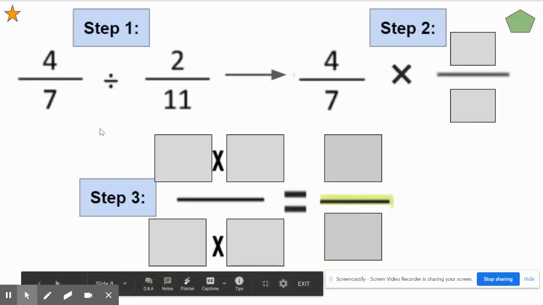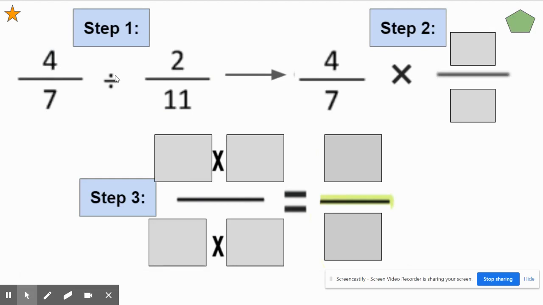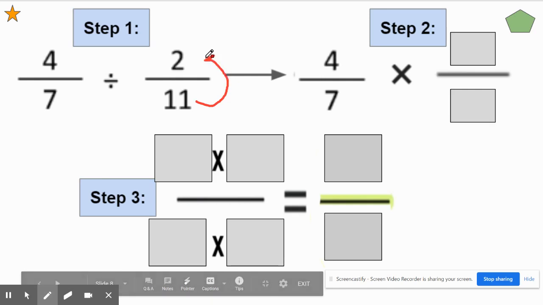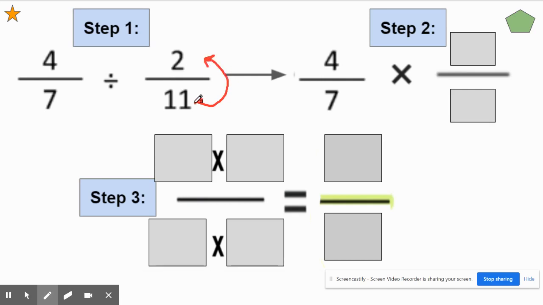All right. For our last skill, what we just learned is dividing fractions, okay? And dividing fractions is so fun because you just have to follow the flip and switch method. That means that the first thing you're going to do is flip the second fraction so that the numerator becomes the denominator and the denominator becomes the numerator.